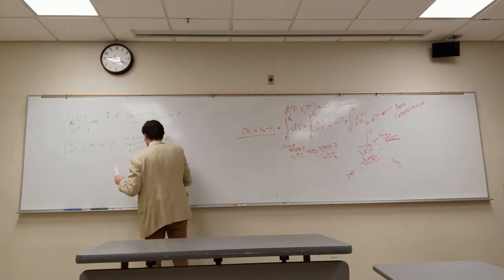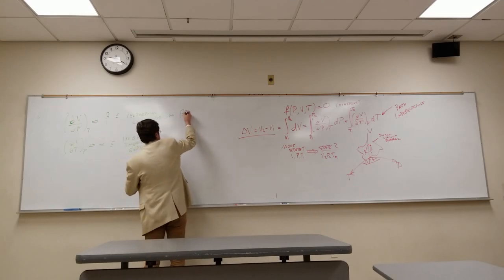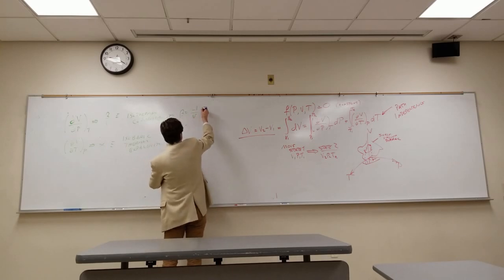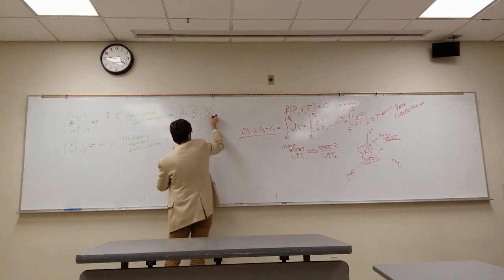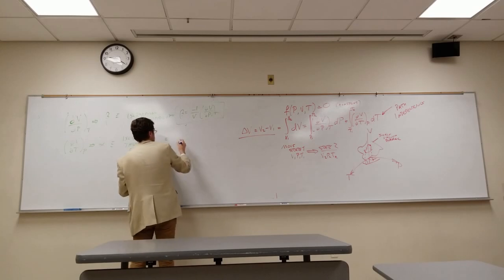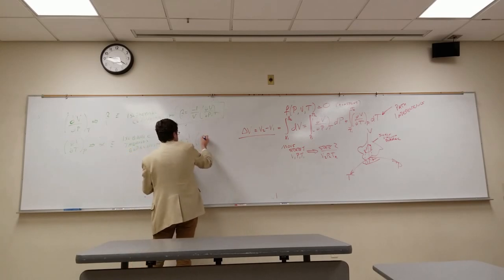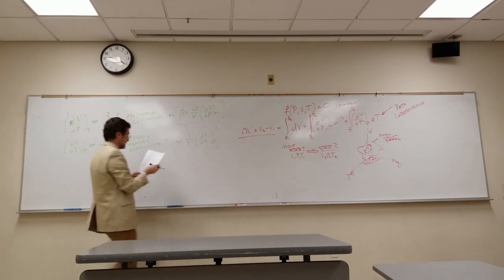So beta is equal to minus 1 over volume dV/dP at constant temperature. Alpha is equal to 1 over volume dV/dT. Sorry about that.